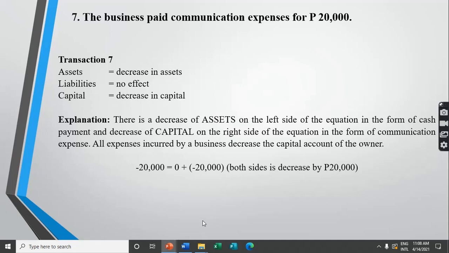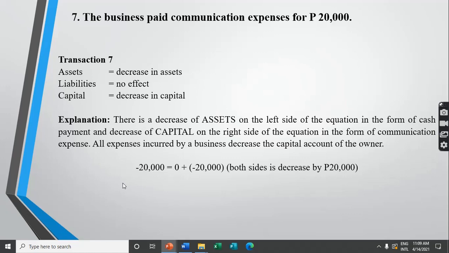Now, sa transaction number 7, the business paid communication expenses for 20,000. So, nagbayad si business ng communication expenses niya for 20,000. So, meaning kapag nagbayad, nabawasan na naman yung asset mo in the form of cash.